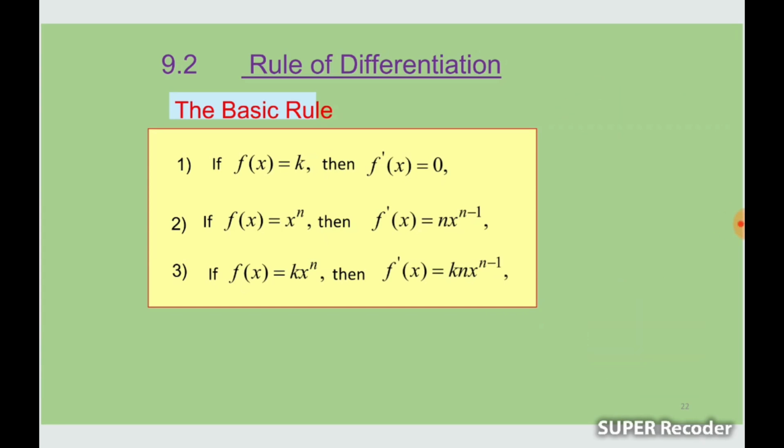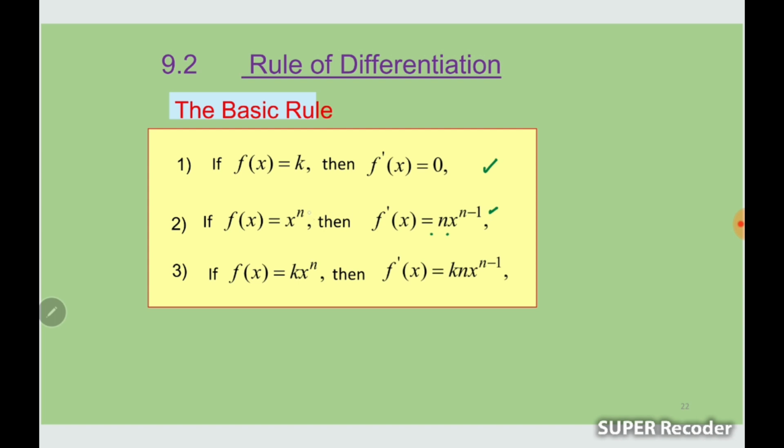9.2 Rule of differentiation. The basic rule. Number 1: if f(x) equals k, then f prime x is equal to 0. k is a constant. Number 2: if f(x) equals x to the power of n, then f prime x equals n times x to the power of n minus 1.